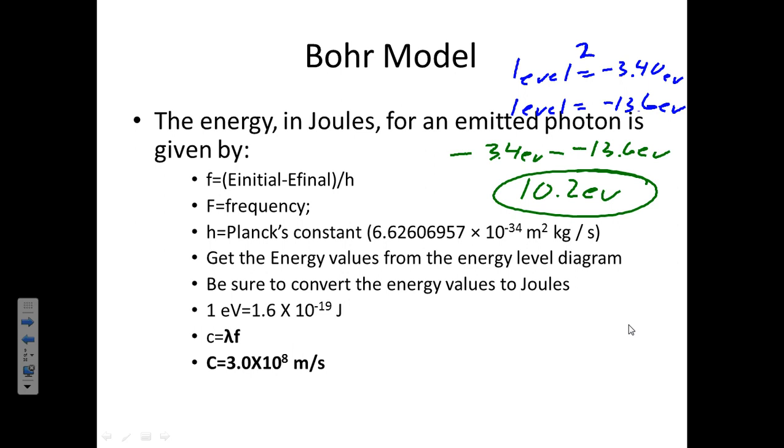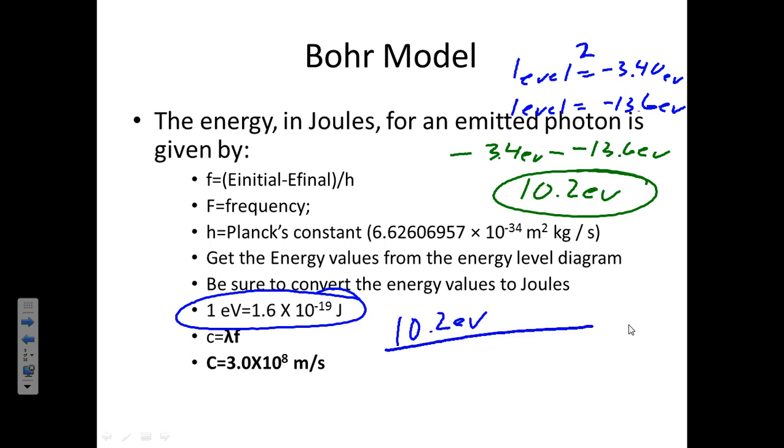When we're doing problems like this, we probably want to convert that directly over to joules, because we don't use electron volts a whole lot in math. This relationship is on your AP Physics formula sheet. Let's go ahead and convert it out. What number is that? It's a number involving an electron.